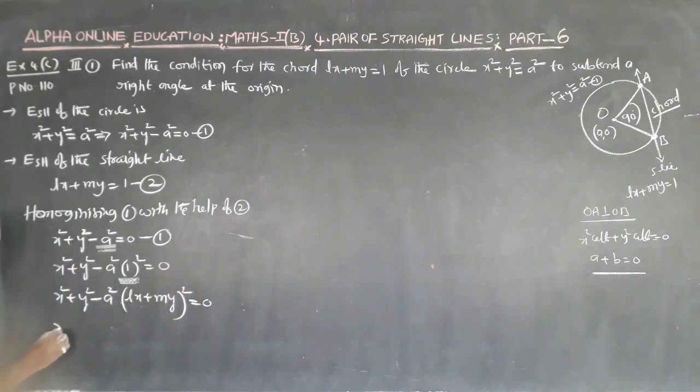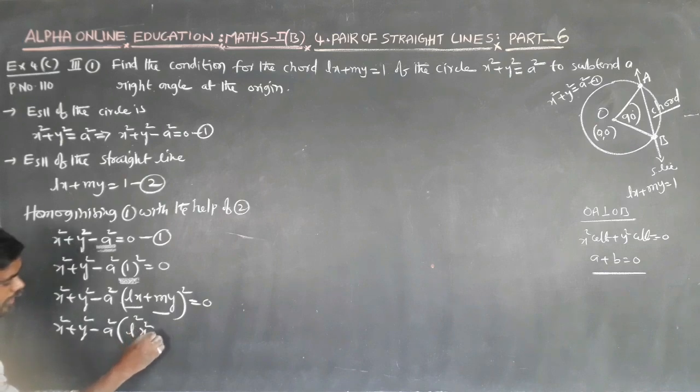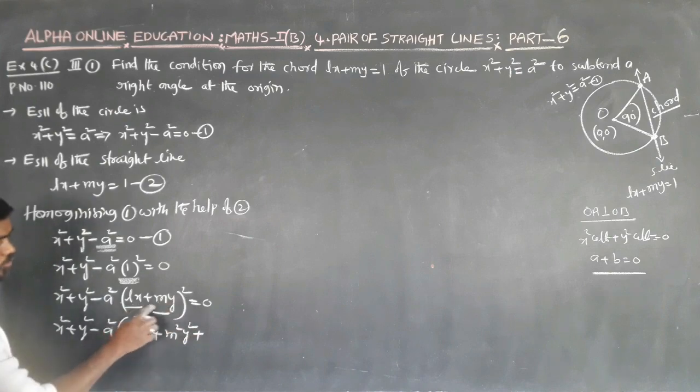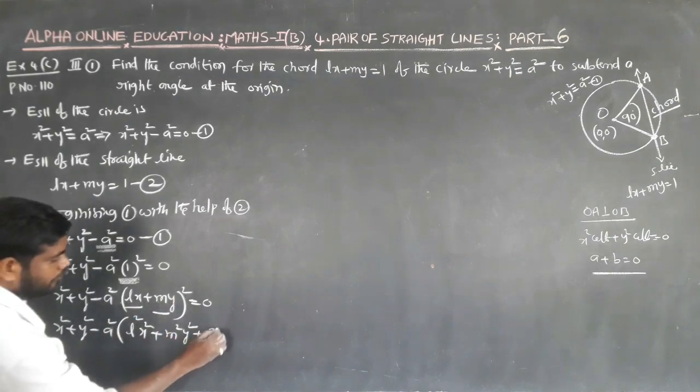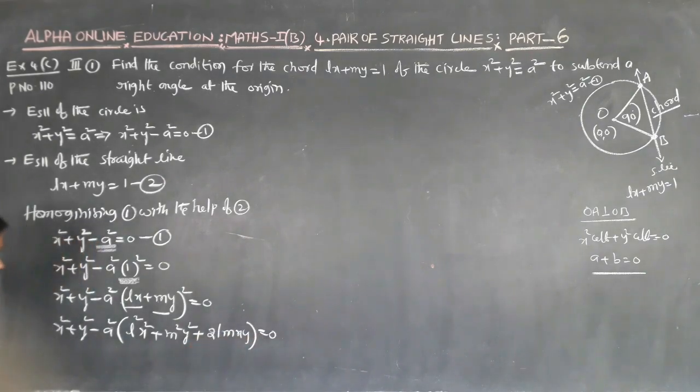x square plus y square minus a square into, this is the form (a plus b) whole square: a square l square x square, b square m square y square, plus 2ab, 2lmxy, equal to 0.